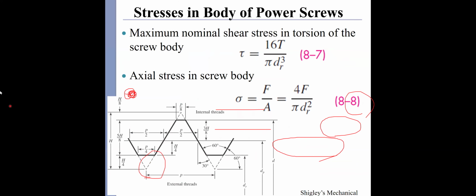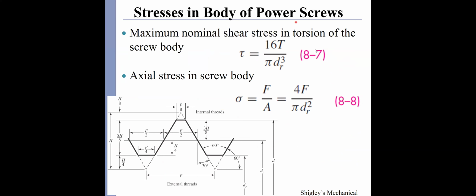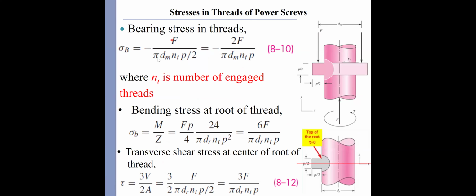So we know the torsional shear stress and the actual loading, the actual stresses on the body. And what else? The bearing stress, which is defined over the surface, a distributed load opposite to this actual loading.